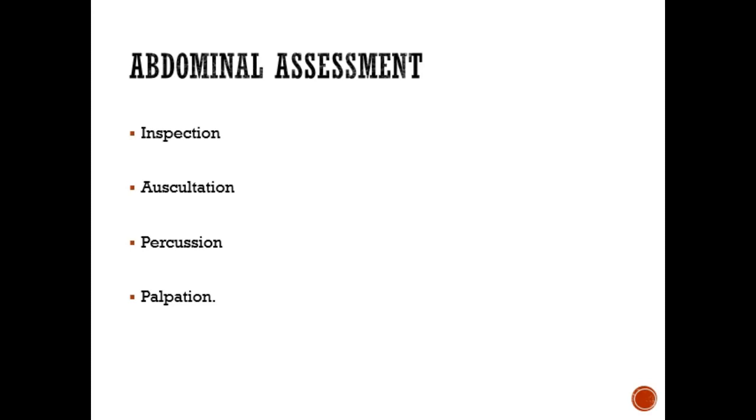Abdominal surgery can cause hypoactive bowel sounds for 1 to 2 days after surgery. Bowel obstruction in the later stages will have hypoactive bowel sounds as well.